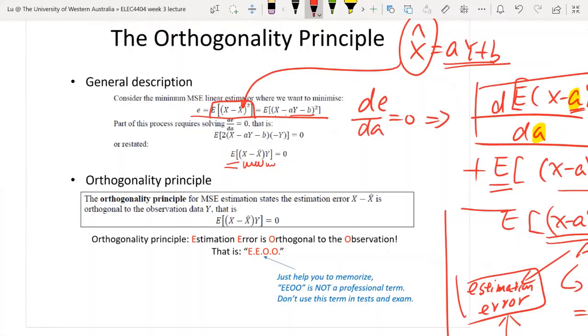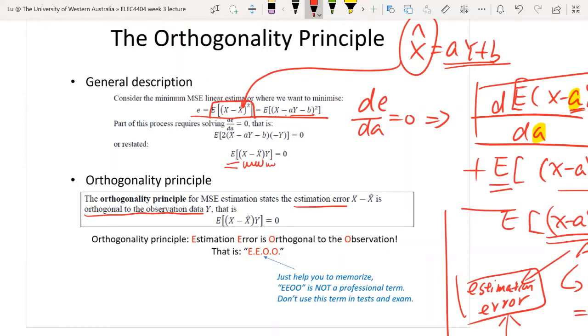So officially, the orthogonality principle for mean square error estimation states that the estimation error is orthogonal to the observation data. This is very important for our discussion in chapter 2, and this thing may be reused in chapter 4 again.